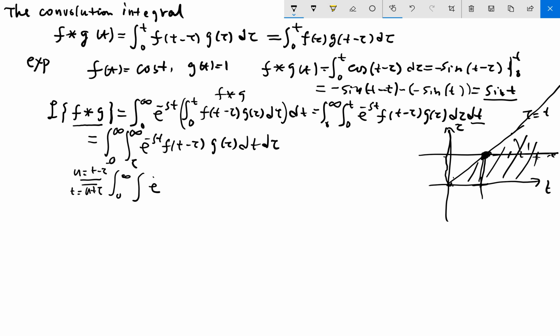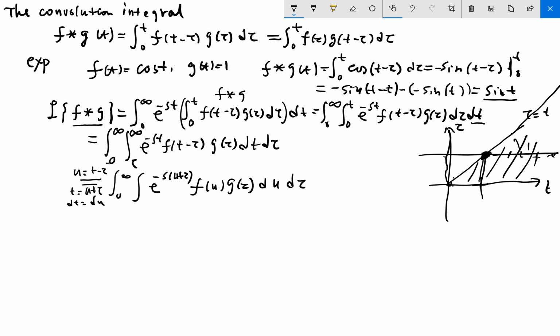So you replace t here by u plus tau. Then t minus tau is u, so f(u), then g of tau. And dt equals du, right? So this changes to du, then d tau.